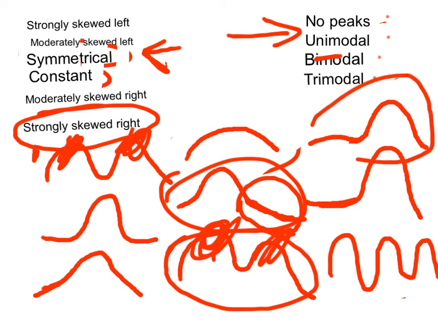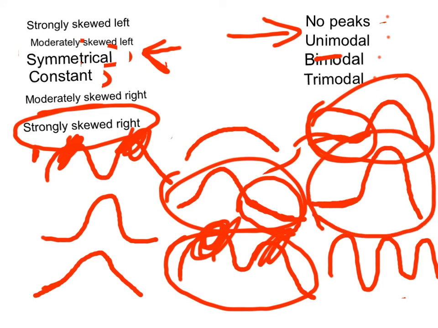Now this one up top, it's pretty obvious that this one is strongly skewed left because of the tail that goes all the way to the left. And this one up top is also unimodal because it has one bump.